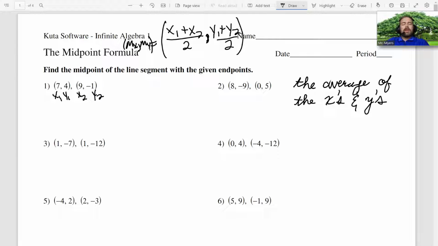The average means you add them all up and divide by how many, which actually, if you use that logic, you could find the midpoint of 3 points, or 4 points, or 5 points, because it's still the same thing. If you want the midpoint of any amount of points, you add up all the x's, divide by how many there are, and then add up the y's and divide by how many of those there are. So it's always the same.